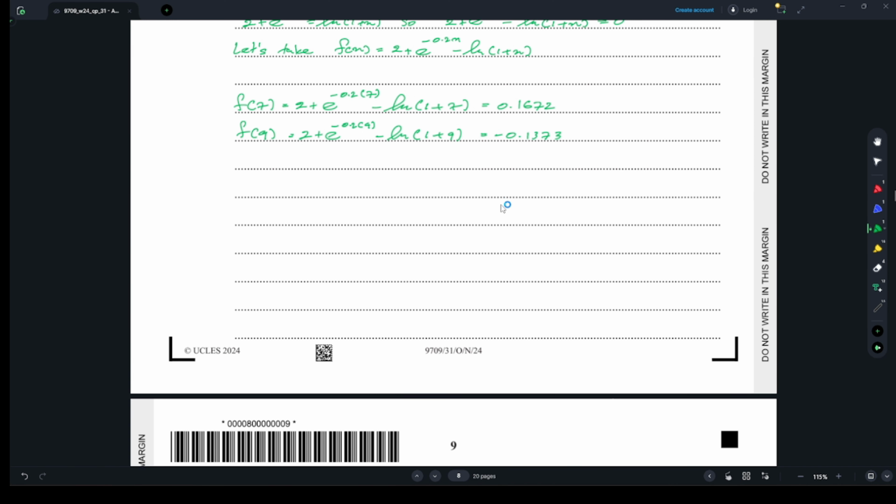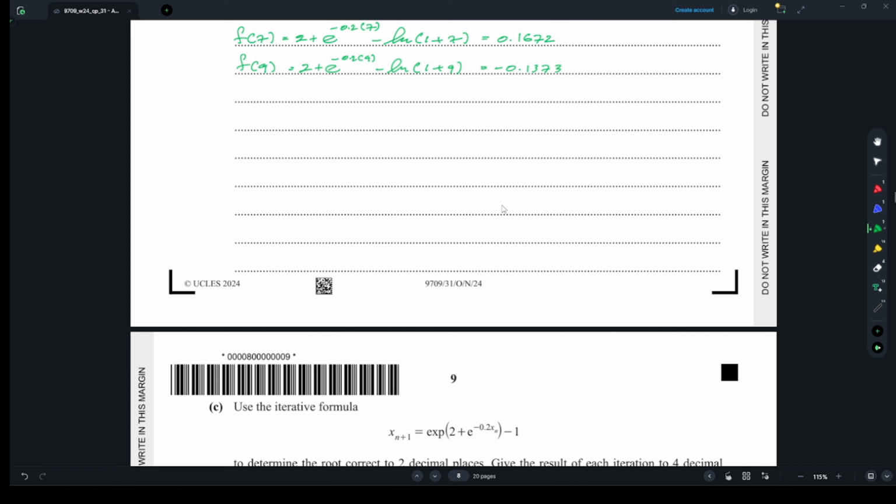Okay. So now how can we write the answer? So change of sign. You can write change of sign indicates the presence of a root.